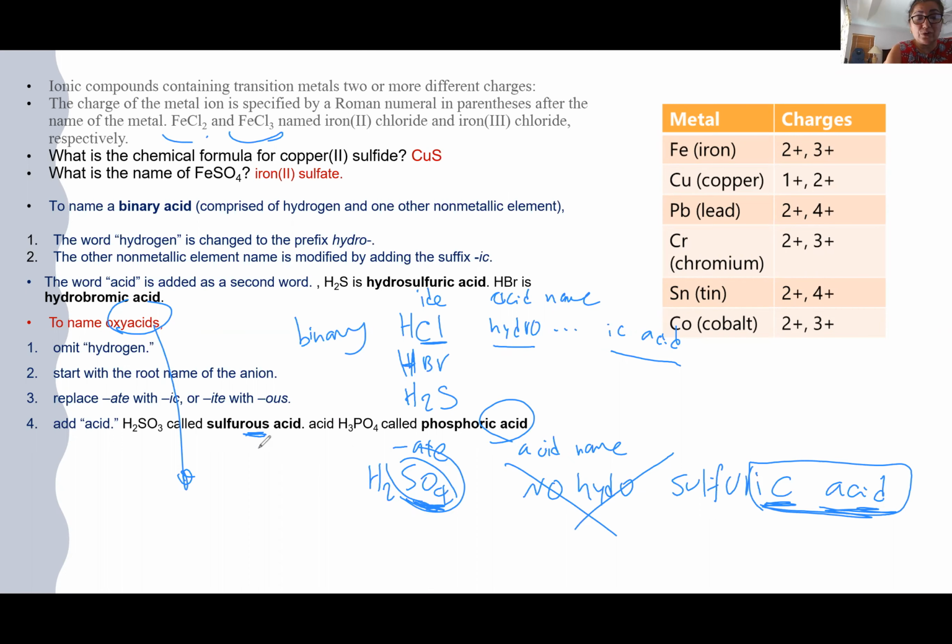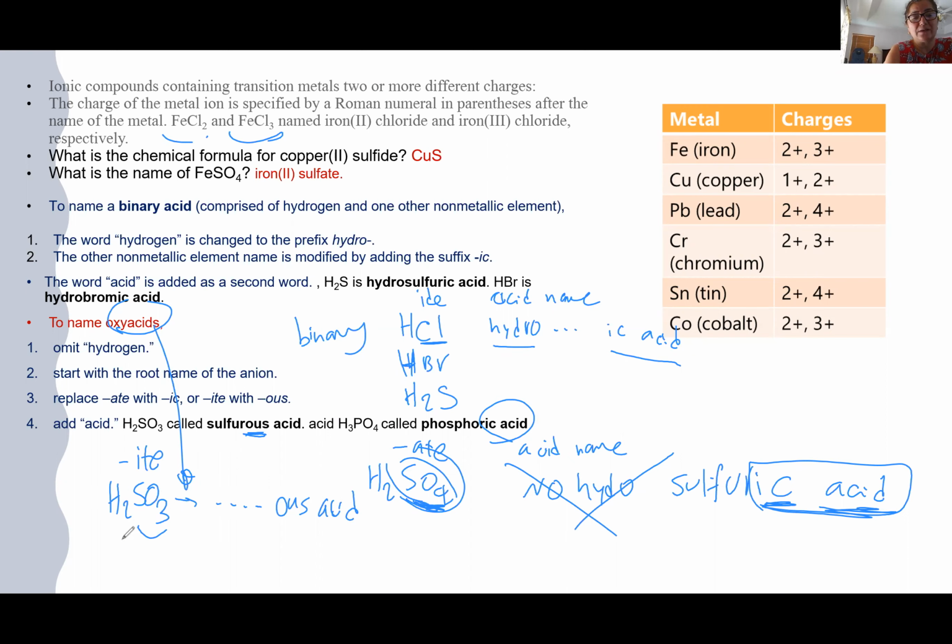When do you use OUS? You would use OUS acid if you have a polyatomic ion that ends with ITE. If it's an ITE ending, then the acid is going to end with OUS acid.